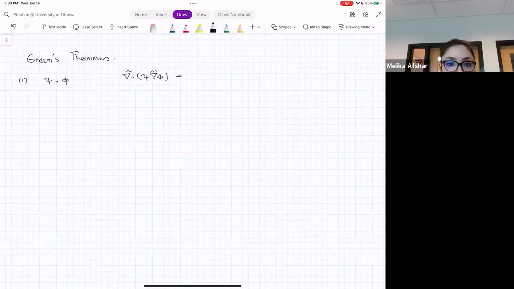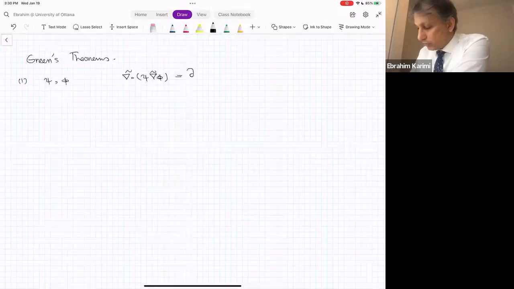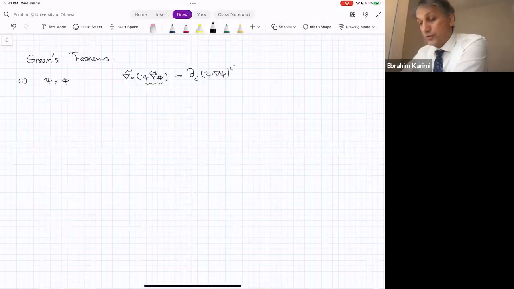When we take the divergence, it means the derivative with respect to all components i, j, k. So let's do the derivative with respect to i of the field, the same component. So it will be psi gradient of phi, the i component.